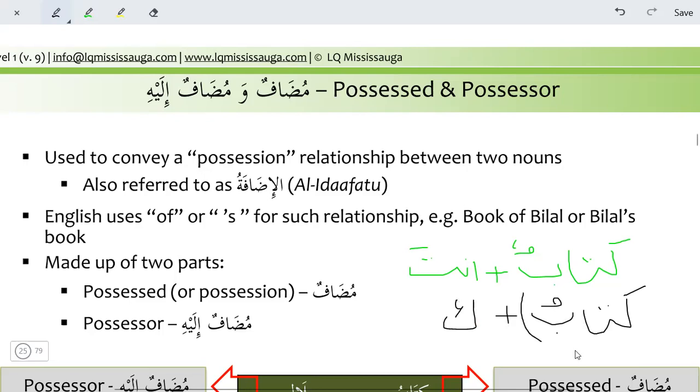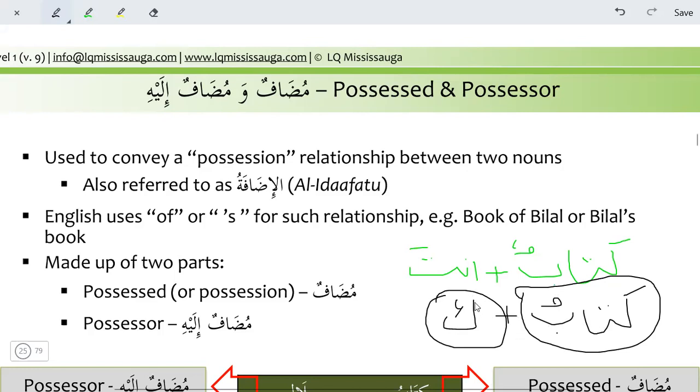Book is being possessed, it is mudaf. And who is the possessor of the book? Ka, you. You are the mudaf ilay.